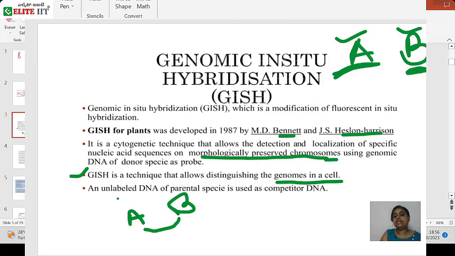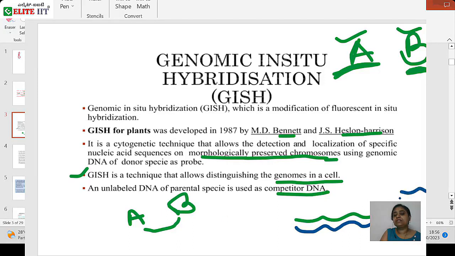Now, an unlabeled DNA of the parental species is used as the competitor DNA. So in order to do that, one genome we are labeling, another one we are not labeling. If you consider we are checking one hybrid genome, this hybrid genome is actually coming from where?